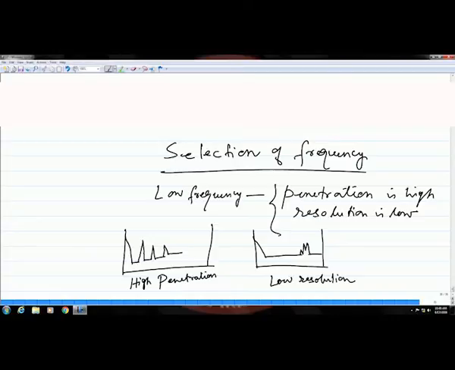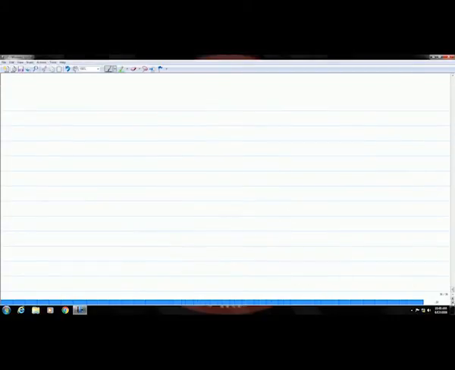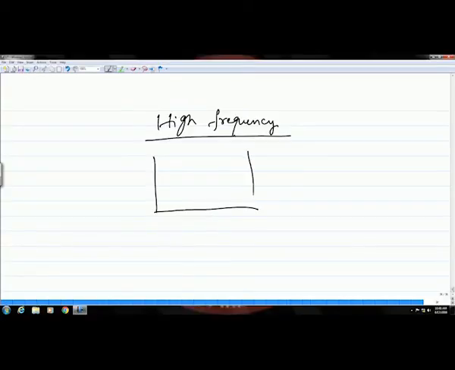And for high frequency, this is just the opposite. In case of high frequency, the penetration is low.